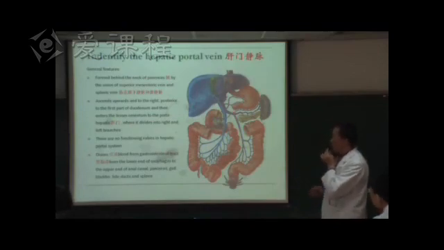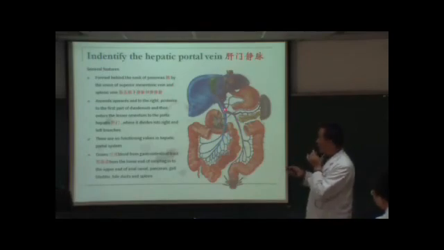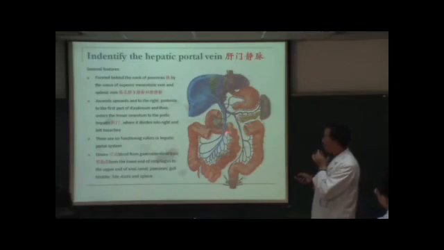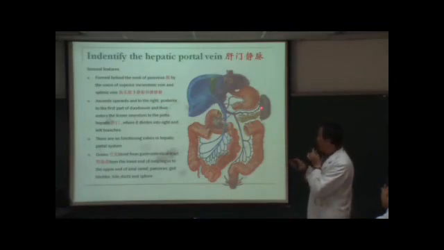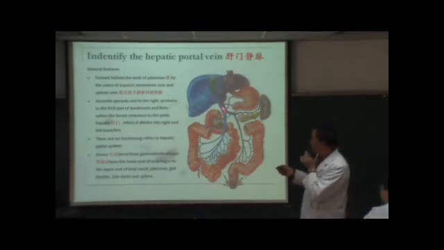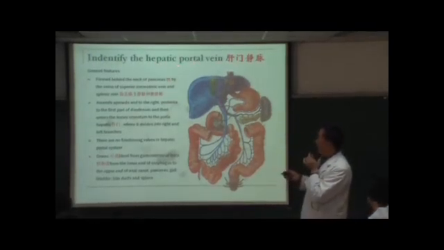You can see this vein is formed by the inferior mesenteric vein and the splenic vein. These two veins unite to form the hepatic portal vein.